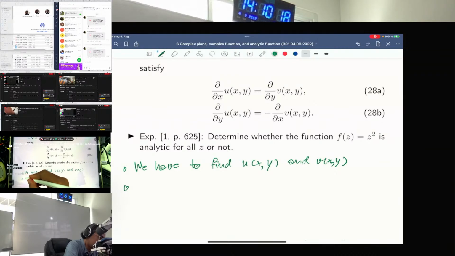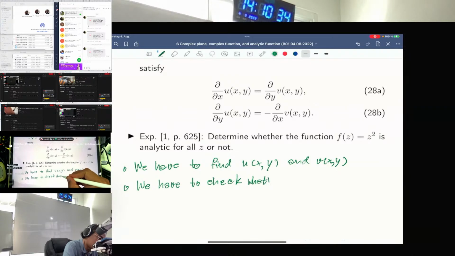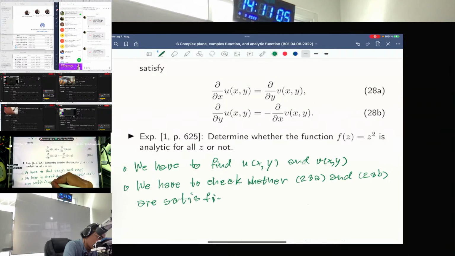And next we have to check whether equations 28A and 28B are satisfied or not. We have to check whether those two conditions are satisfied or not.